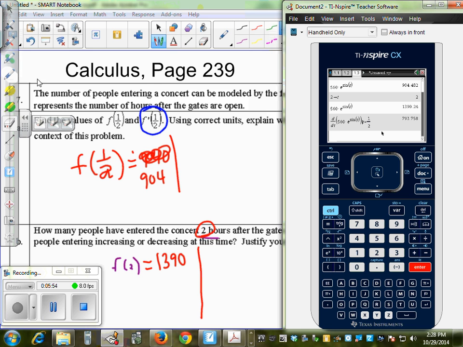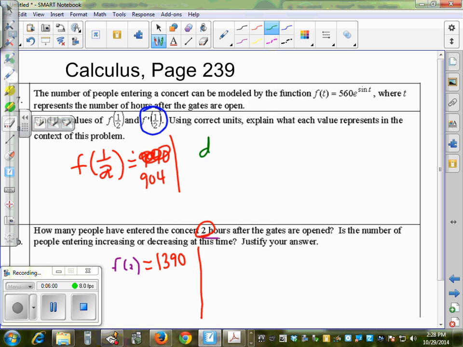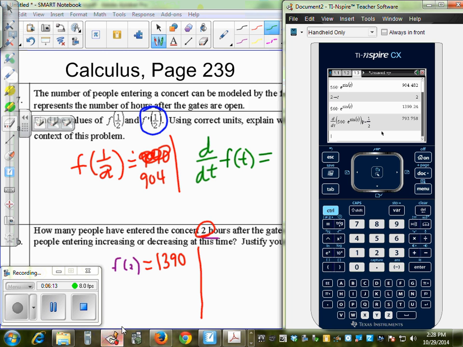All right. And so the derivative there is about 794 people per hour.